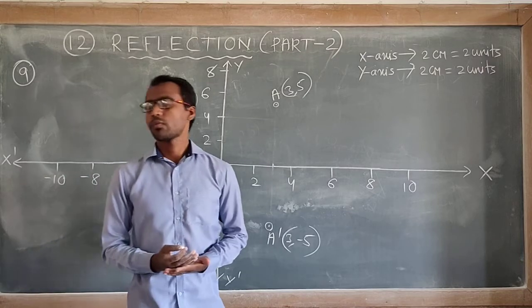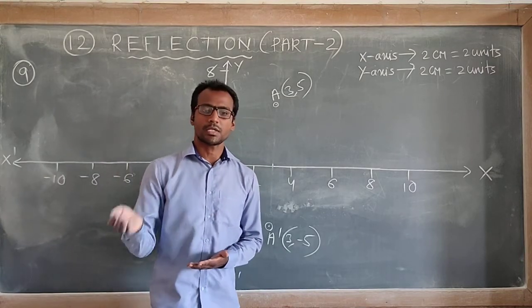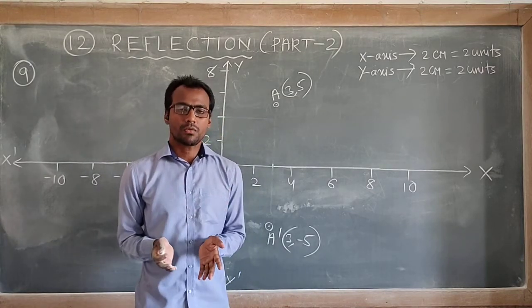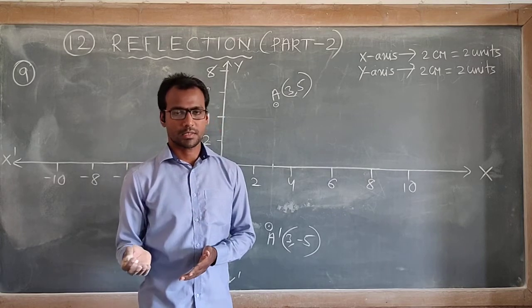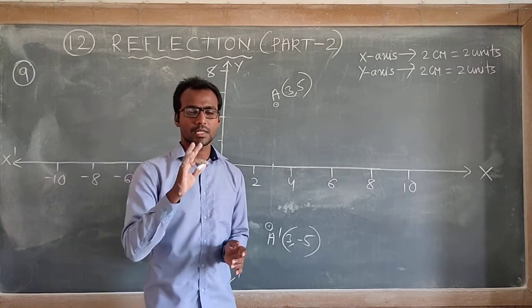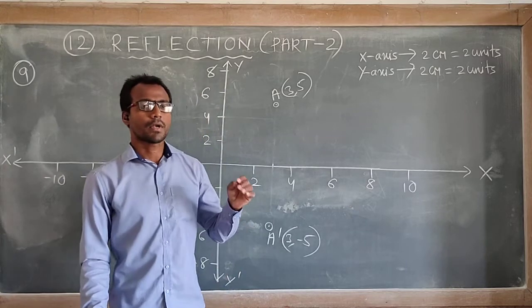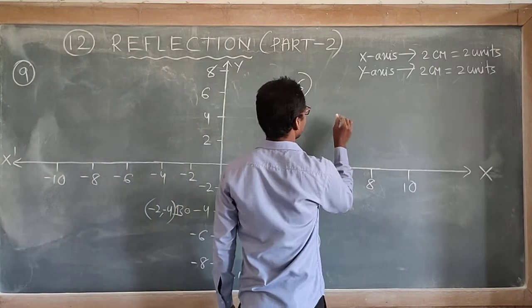Reflecting a point in the y-axis and then in the origin is equivalent to reflecting directly in the x-axis. I told this in part 1.